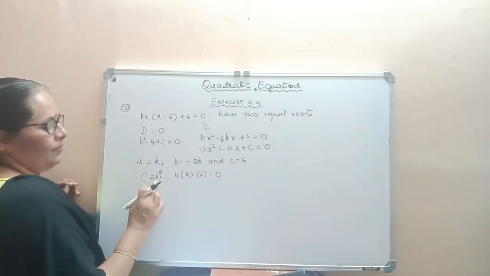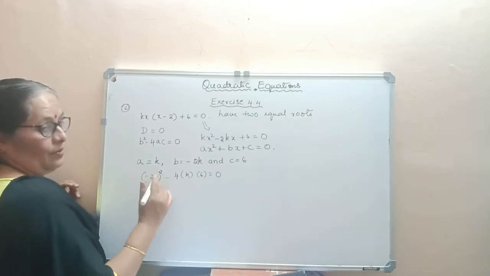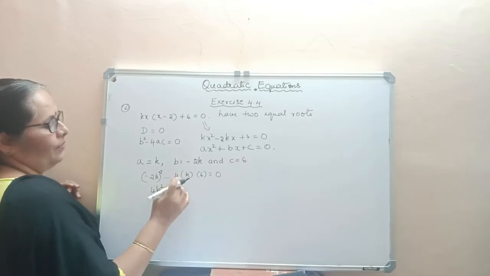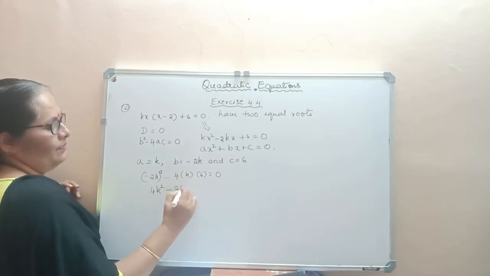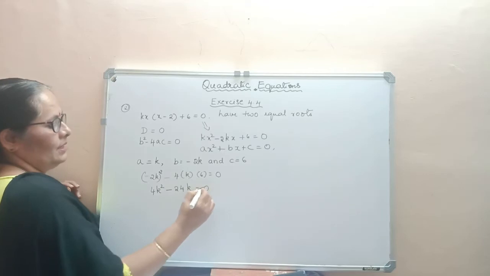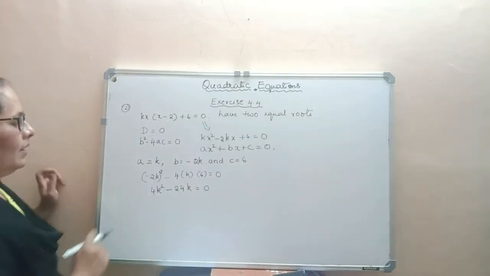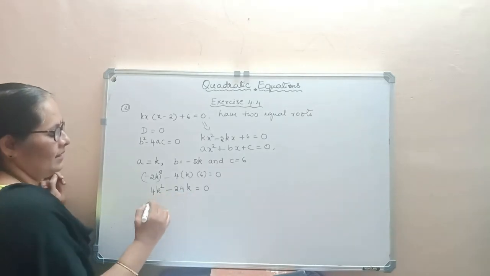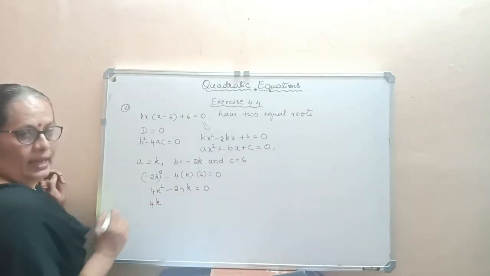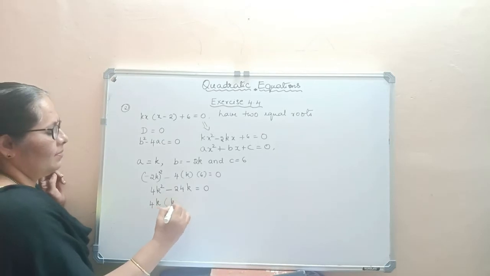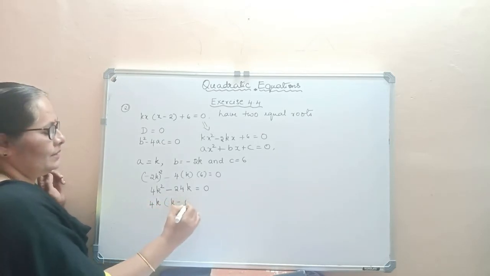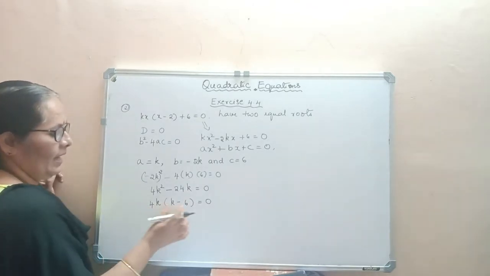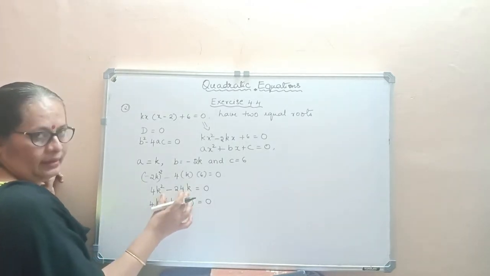So (2k) whole square is 4k square, minus 4k into 6, 24k, equals 0. Now k is common in both terms, so take 4k as common. You get k minus 6, since 4 times 6 is 24.